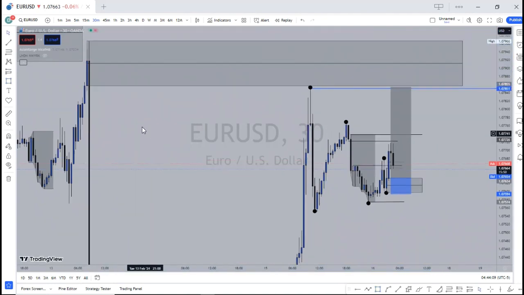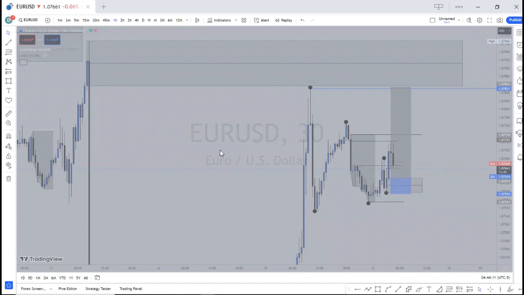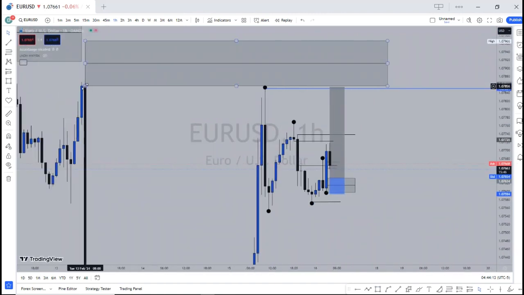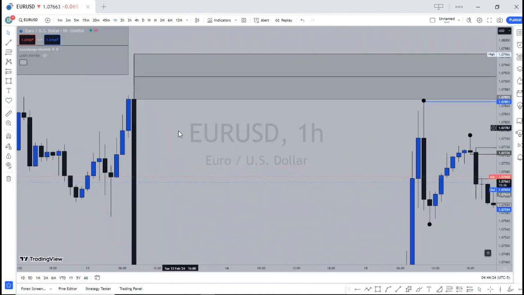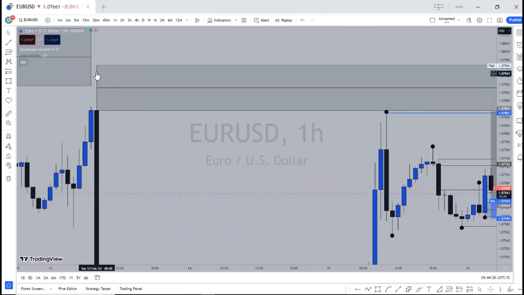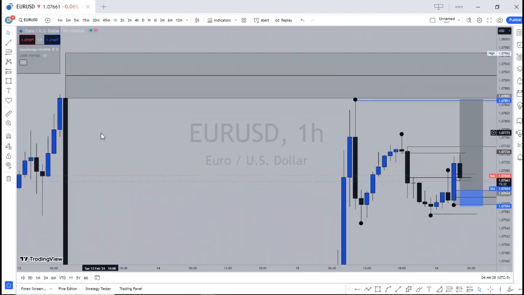They didn't tap the refined one on the 30 minutes, but it traded into that of the 1 hour time frame. But supply and demand traders will be focusing on this point right here, because this week hunted the previous candle, so this is where it should be focused on.